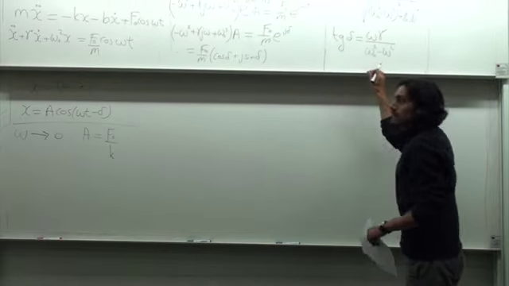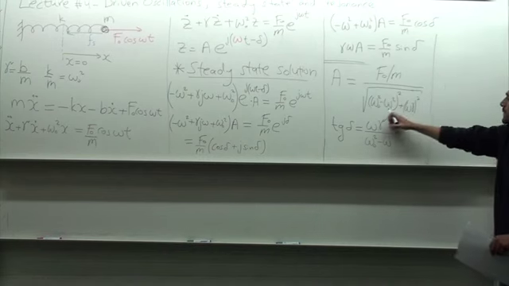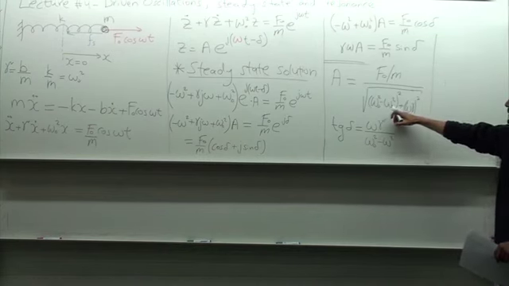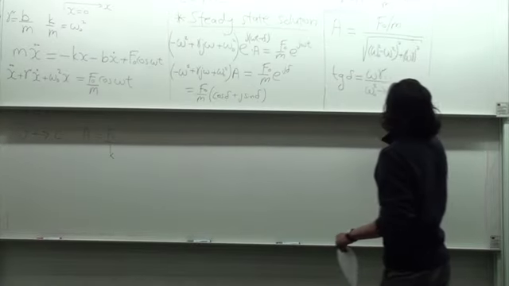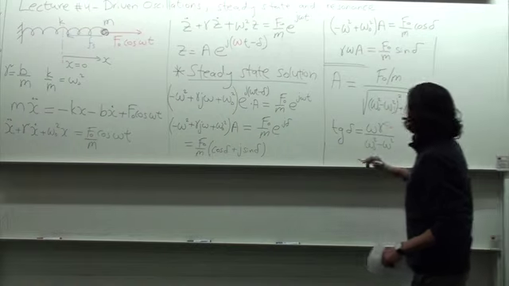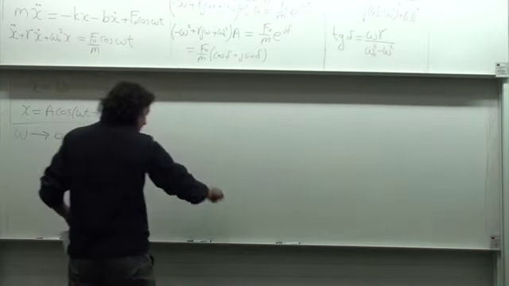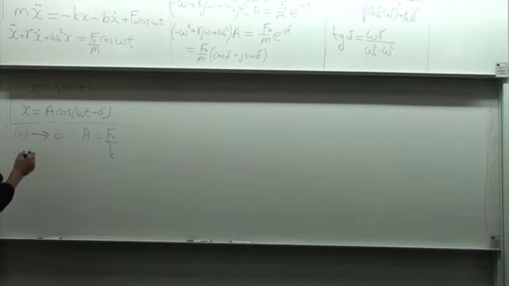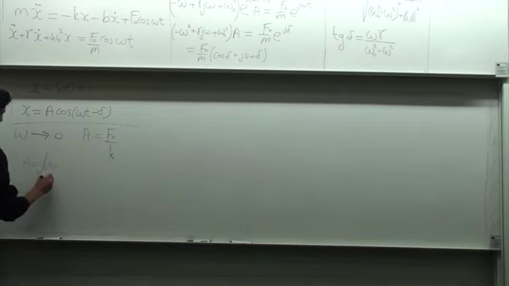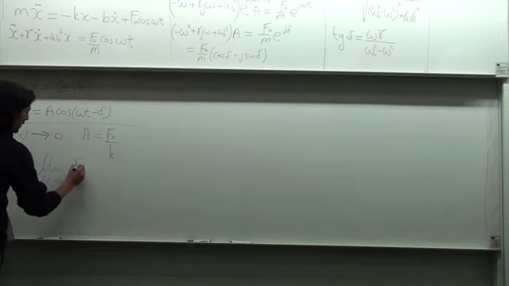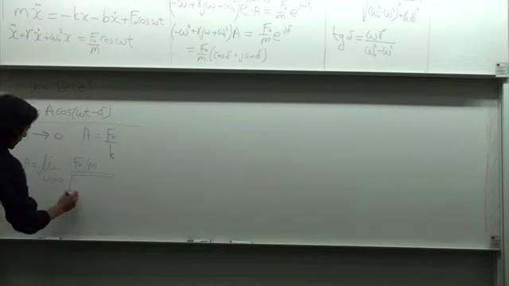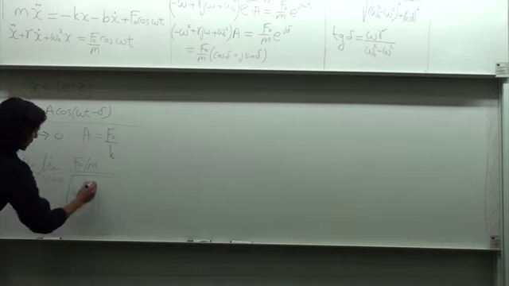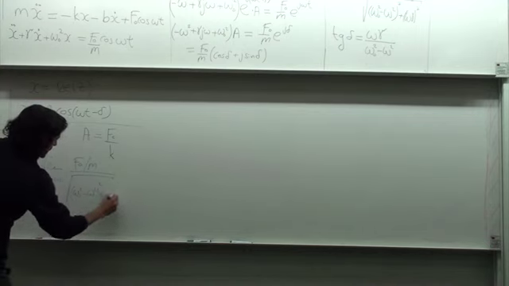And you can see this now here. If omega is tending to 0, then A equals, so we're looking at the limit where omega is tending to 0 of F0 over M divided by square root of omega 0 squared minus omega squared, plus omega gamma squared.